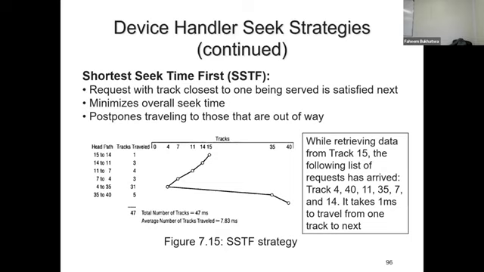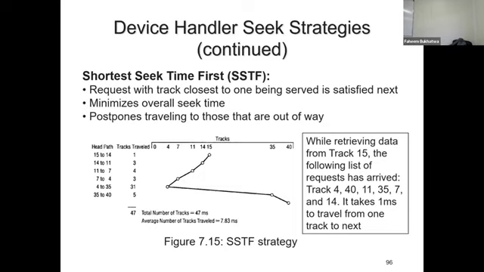We pick 14. That's the shortest seek time. So we pick the request that needs the shortest movement of the head from the available ones. We move the head from 15 to 14. It takes 1,000th of a second, and we read the information there.